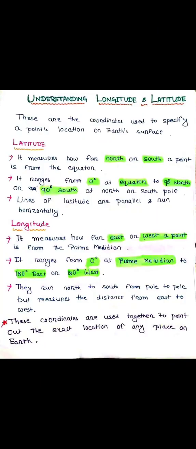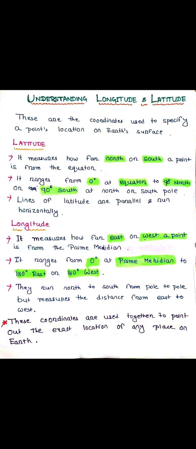The upper part of the equator is the north part, and the lower part is the southern part. These lines of latitude are parallel to the equator, and they run horizontally, and the longest line in latitude is the equator itself.